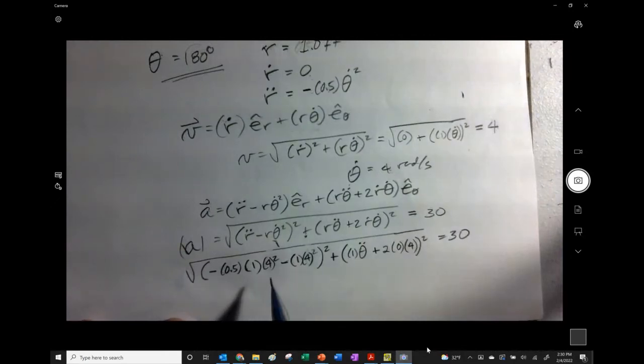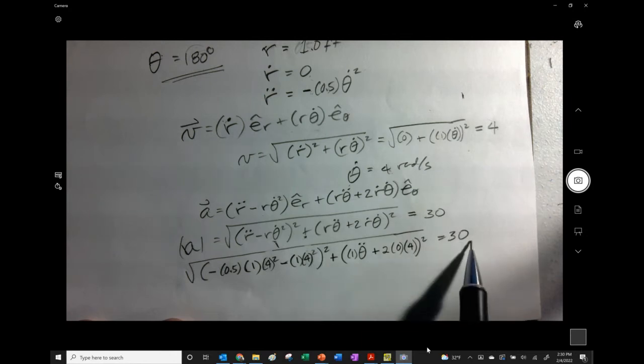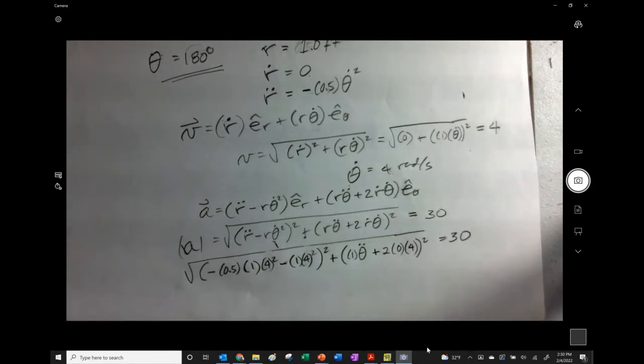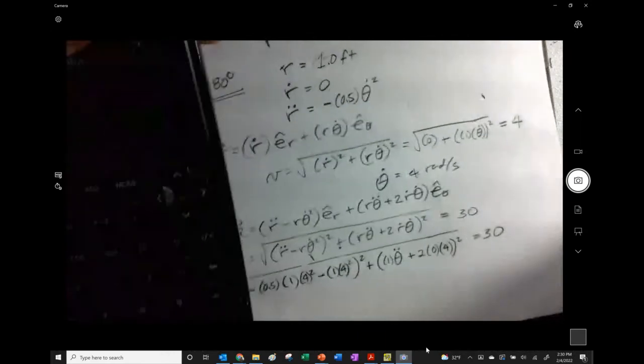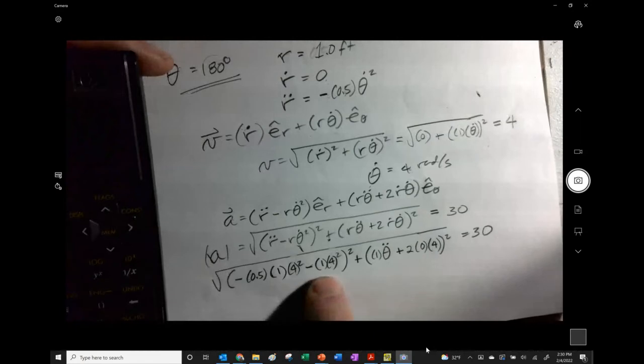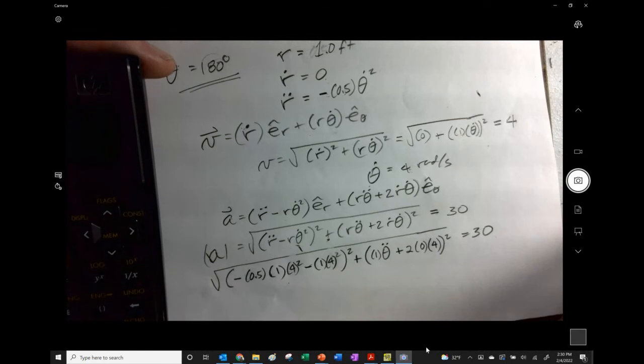All right, so we could find that, square that, bring it over to the other side, and subtract that from 30, and that would end up being the theta double dot. So I could find that. Go 30, square it, and we're going to have 8 and 16 together, right? 8 plus 16 should be 24.